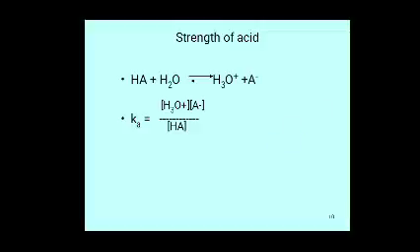Therefore, Ka is equal to the concentration of H3O+ times the concentration of A−, divided by the concentration of HA. Ka is the equilibrium constant of acids.